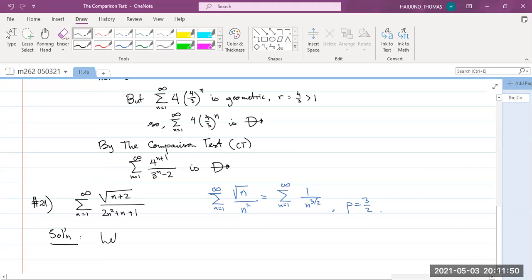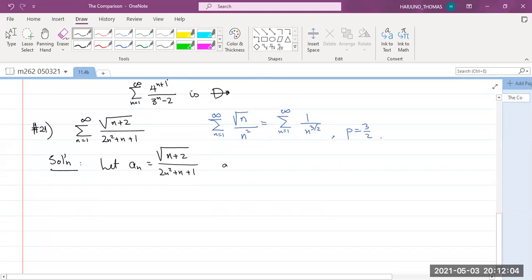Okay, let a sub n be the sequence square root of n plus 2 over 2n squared plus n plus 1. And the sequence b sub n is square root of n over 2n squared.